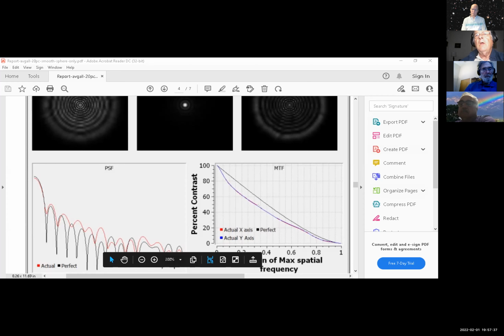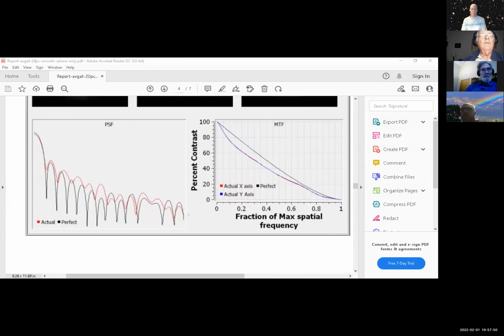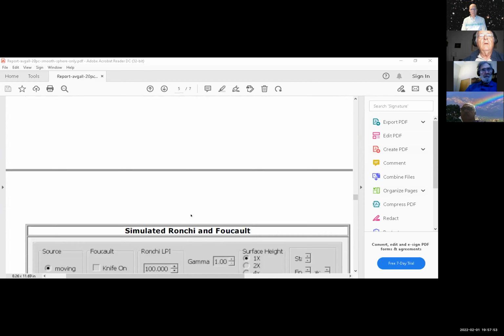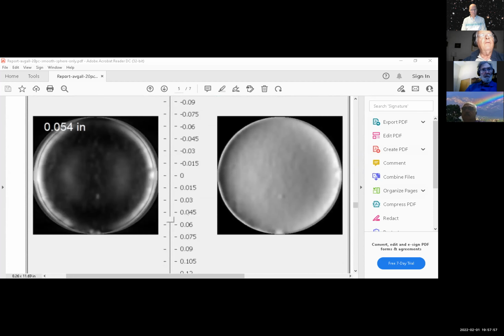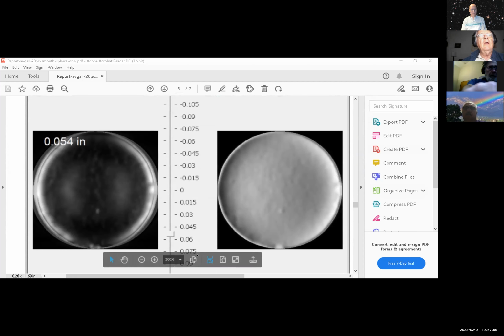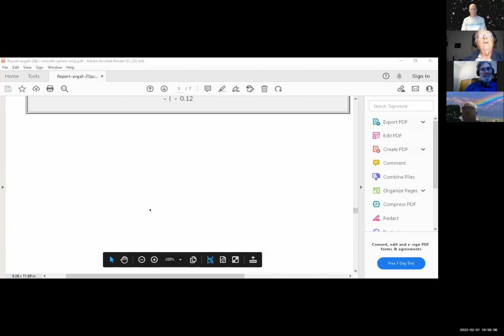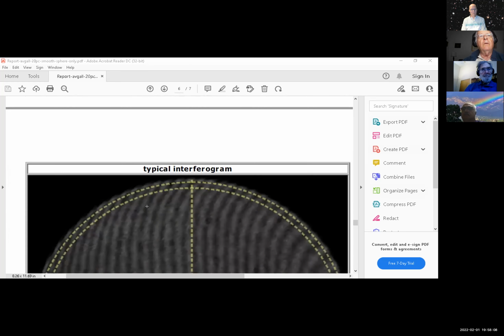Now, if you were to take a look at the book on star testing, it would tell you it doesn't take much to bend it down this way. And this is sort of simulated Ronchi. I could move the slider up and down, and that's like moving the Ronchi in and out, but it only does it for one reading here.